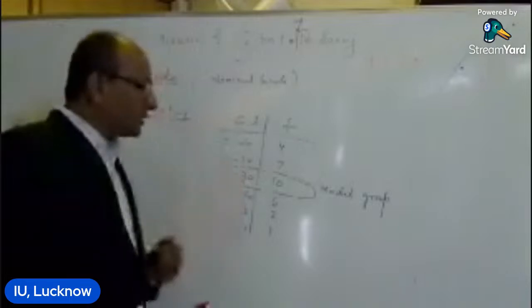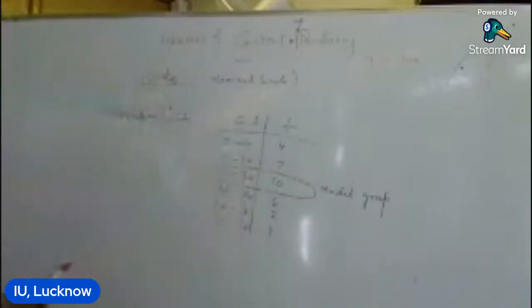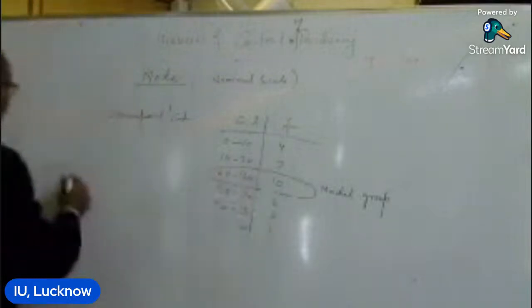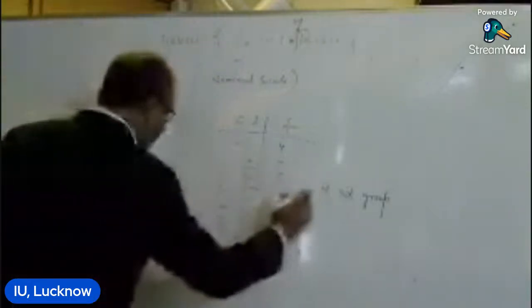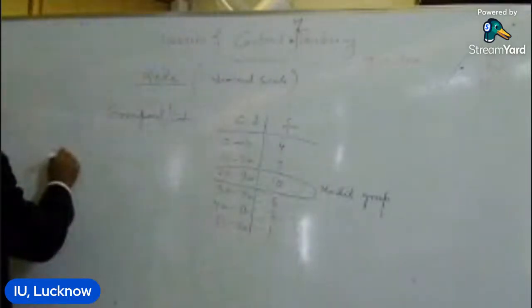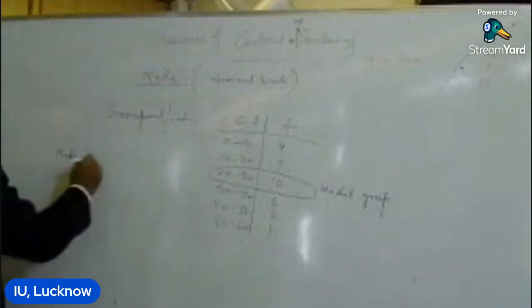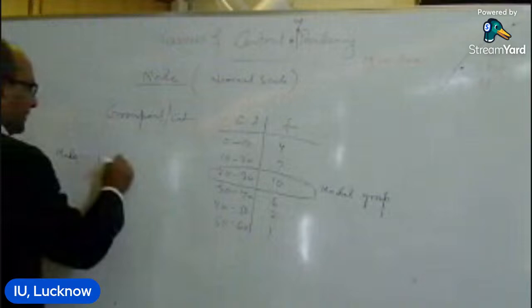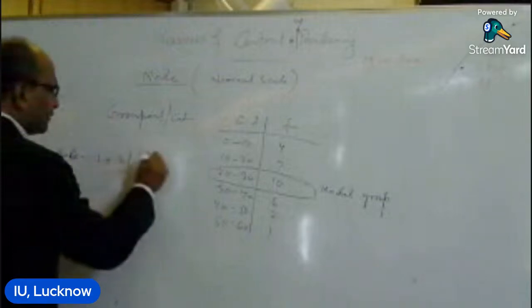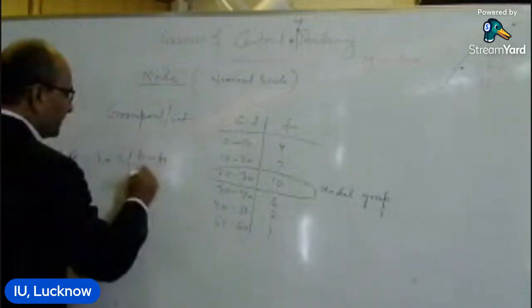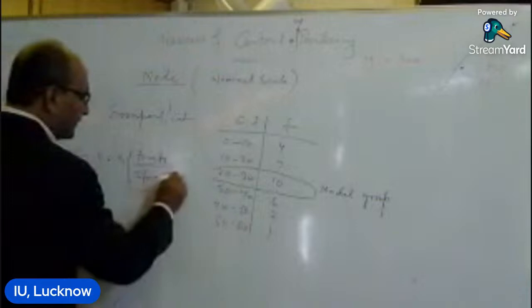Sometimes it may deviate. So what is the value of mode? In case of continuous data, the formula is L plus h into (f0 minus f1) divided by (2f0 minus f1 minus f2).